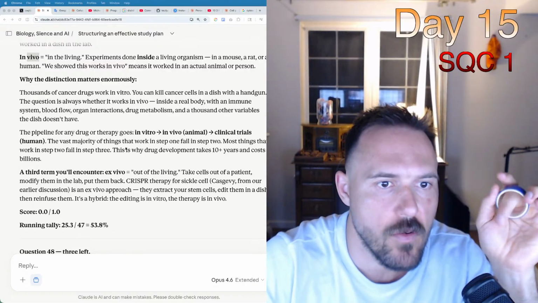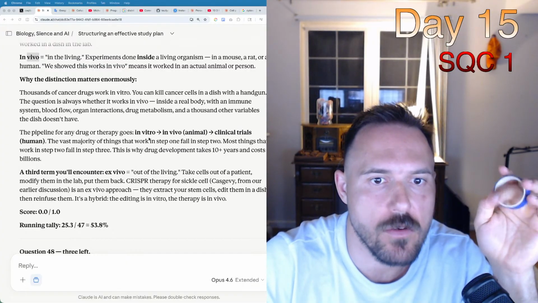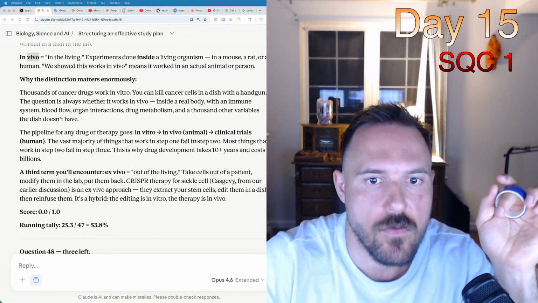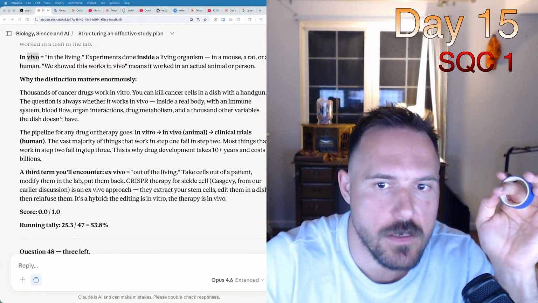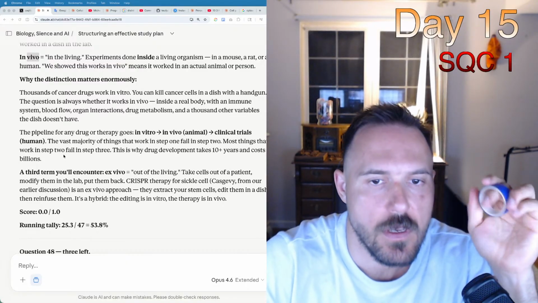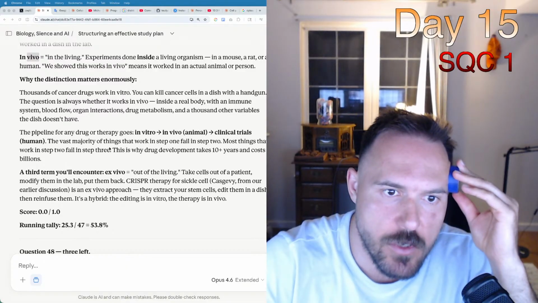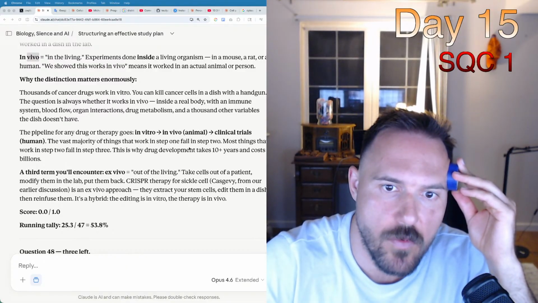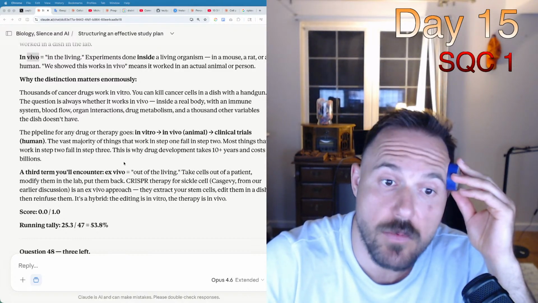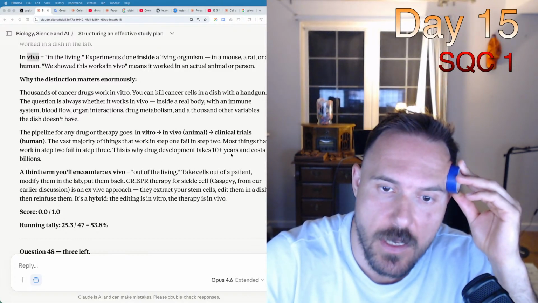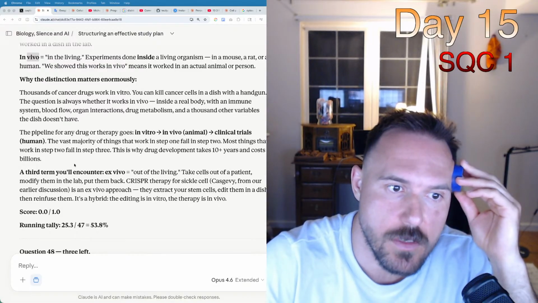The pipeline for any drug or therapy goes in vitro, in vivo, clinical trials in humans. Interesting. The vast majority of things that work in step 1 fail in step 2. Most things that work in step 2 fail in step 3. This is why drug development takes 10 plus years and costs billions.